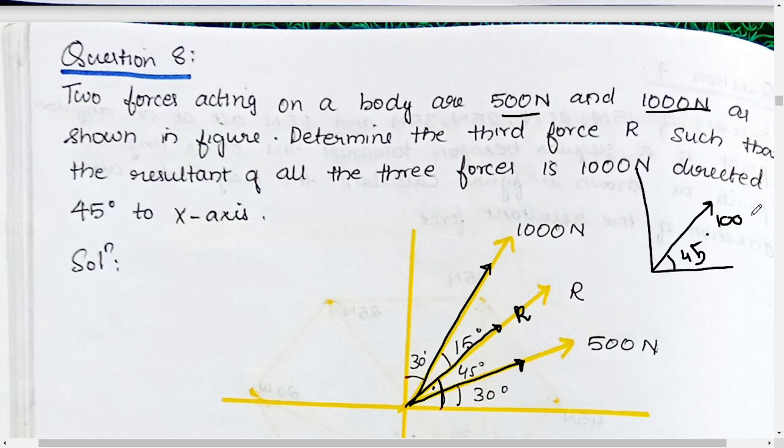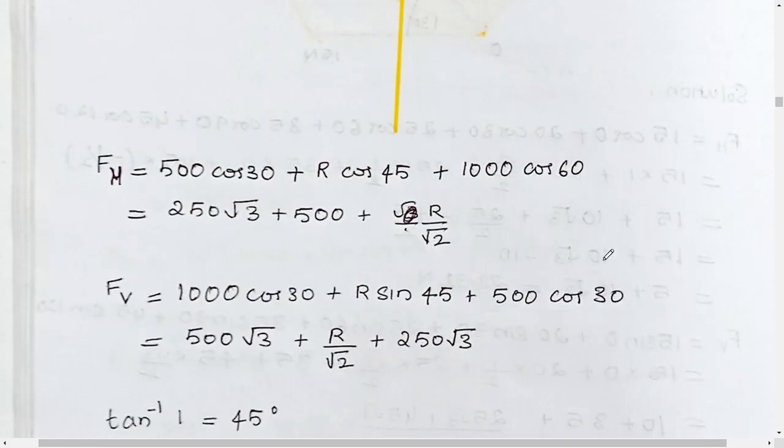So we will use the formula again. We'll be getting two equations and then equate those two equations. We'll have Fh, which is 500 cos 30, R cos 45 and 1000 cos 60, because here it is given that the third force is at 45 degree to x-axis.